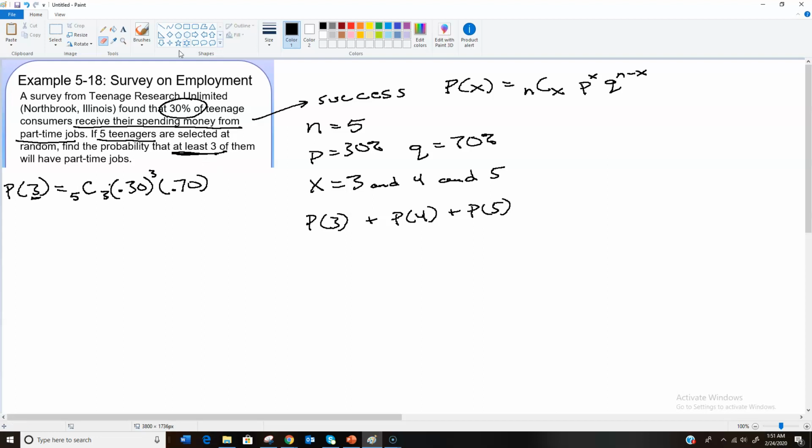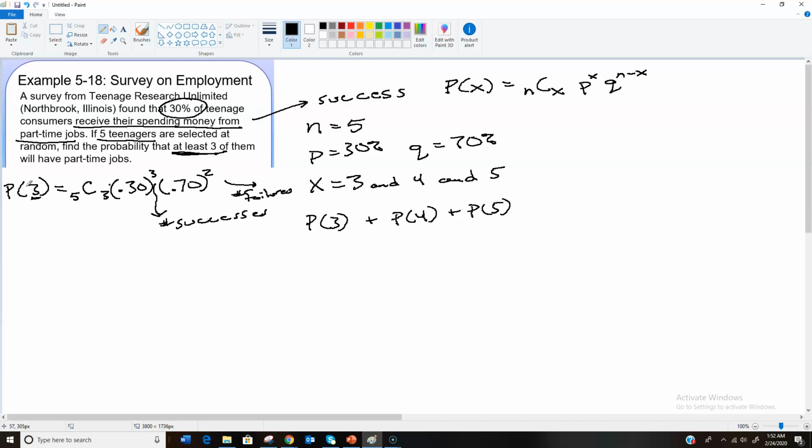We only have a total of 5, so our N minus X is 2, because these two together have to add up to 5. So this is the number of successes, and this is the number of failures.